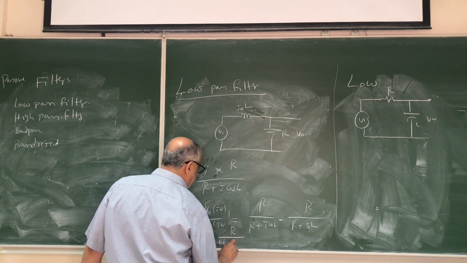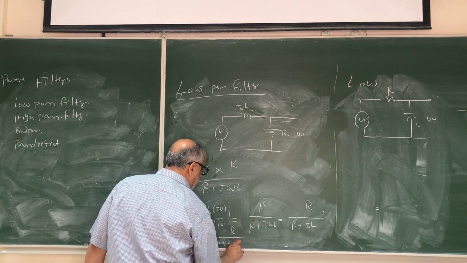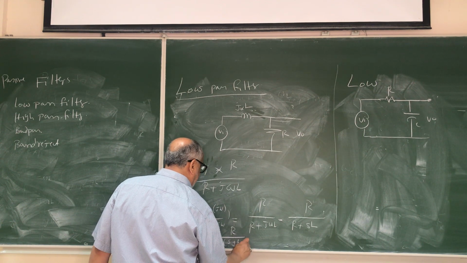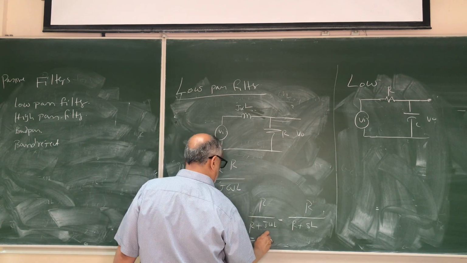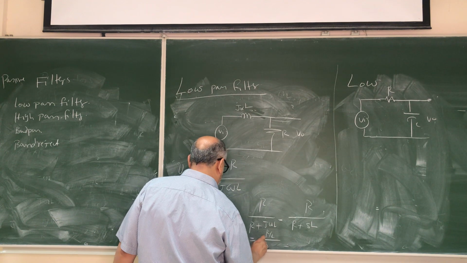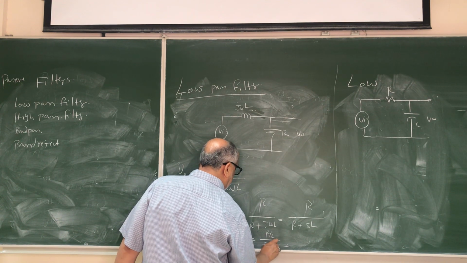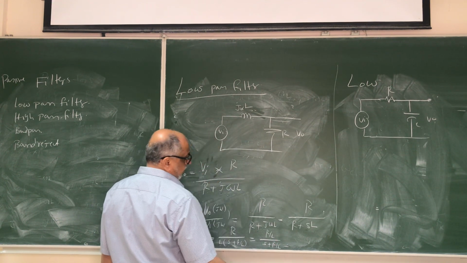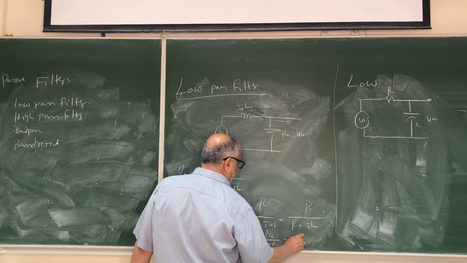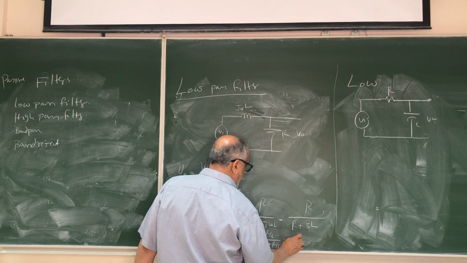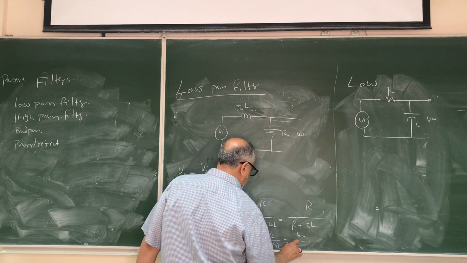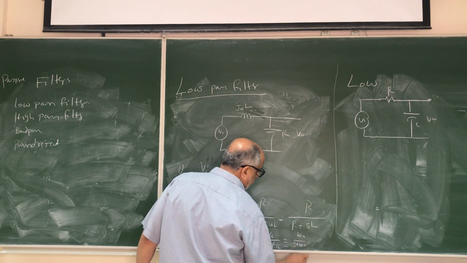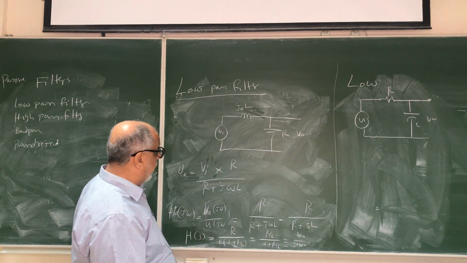So L is a common factor. This will be S plus R over L, and this can be written as R over L divided by S plus R over L. So this is in the form of K omega naught over S plus omega naught, where omega naught is our cutoff frequency.